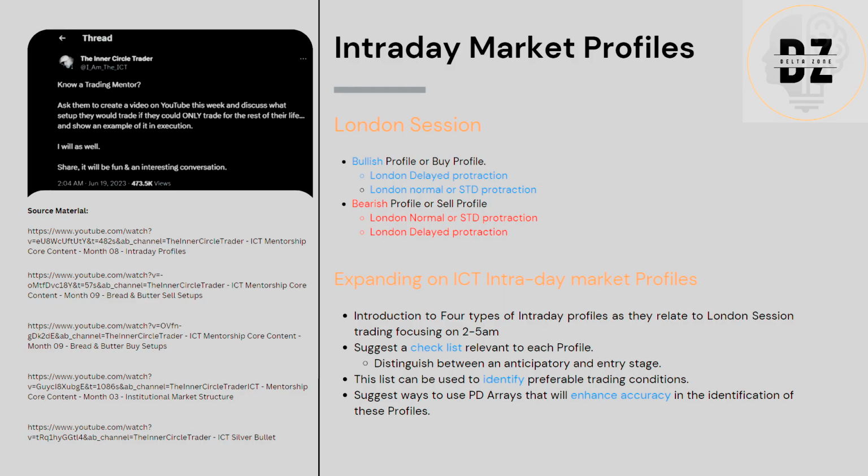So anticipatory stage will involve a set of skills that we should develop that allow us to identify the highest probability trade conditions, and an entry stage in which I will suggest a list of identifiable characteristics which can enhance your accuracy. So this list can be used to identify preferable trading conditions, like I just mentioned. Also, I'll suggest ways in which to use certain PD arrays that will enhance our accuracy in the identification of these profiles.